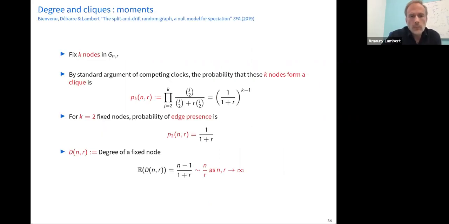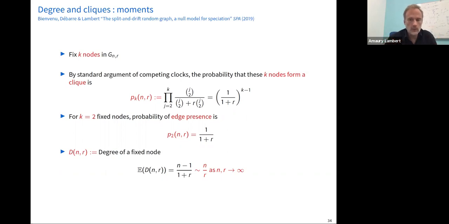And so some simple mathematical results that you can get using this picture go as follows. If you fix k nodes in the graph, and you're interested in knowing whether all the edges between these k nodes are still present, then by a standard argument of competing clocks, the probability that these k nodes form a clique, or a complete subgraph, is the probability that between two coalescence events none of the edges has disappeared.